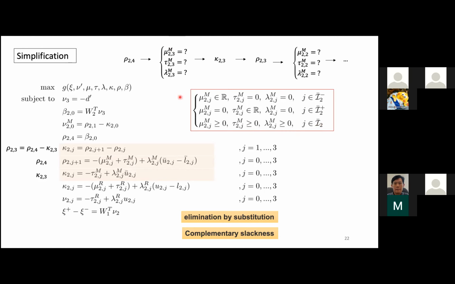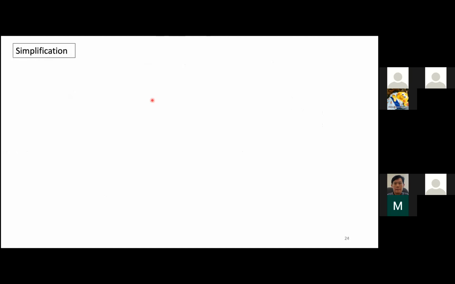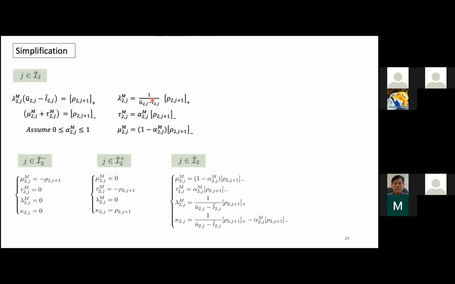So here I just tell you the key idea: we use complementary slackness to get these dual variables. So after the simplification, we will get all dual variables, that is mu n, tau n, lambda n, and the kappa under these three sets.